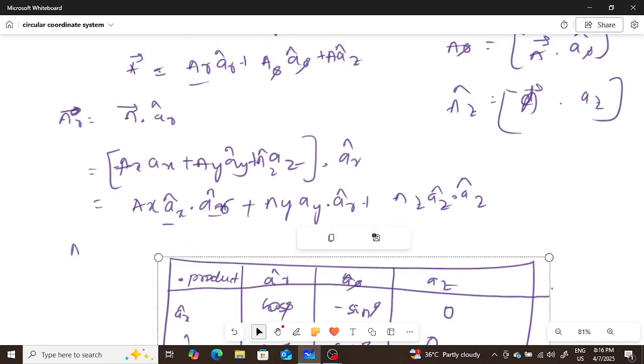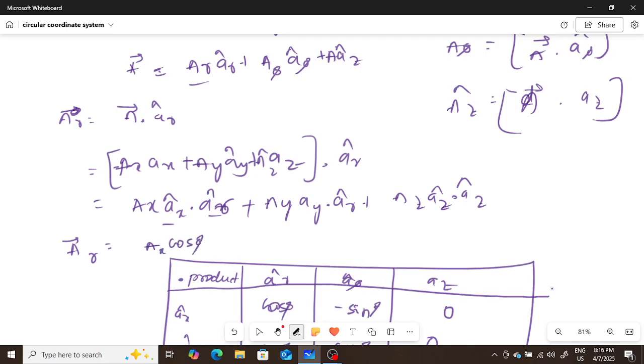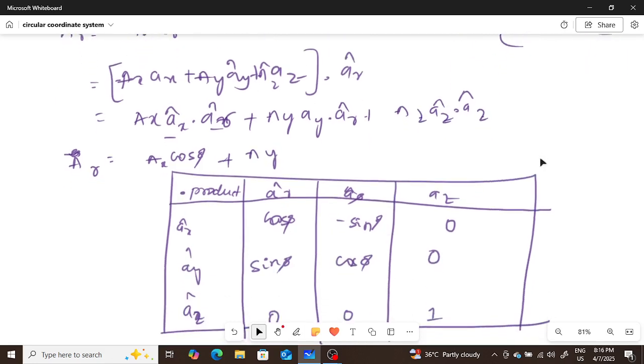So what you can write here, therefore, AR is equal to AX dot AR, which is cos phi, so AX cos phi, plus AY dot AR, which is sin phi, plus AZ dot AR, which is 0.